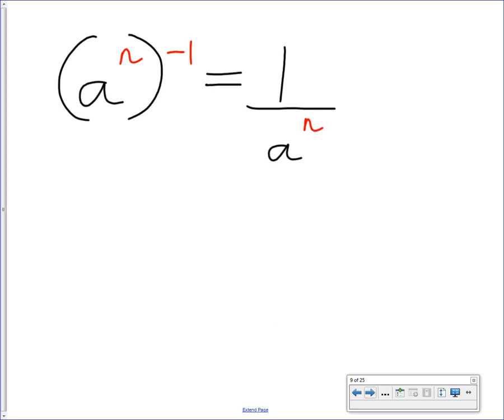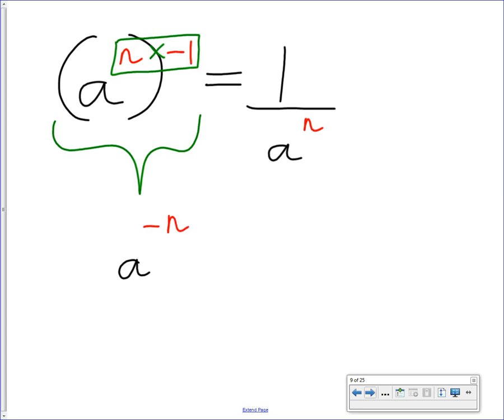So if we look at this left-hand side, using our laws of indices, we can see that these powers would multiply together. So we can say, as a rule, that a to the -n equals 1 over a to the n.